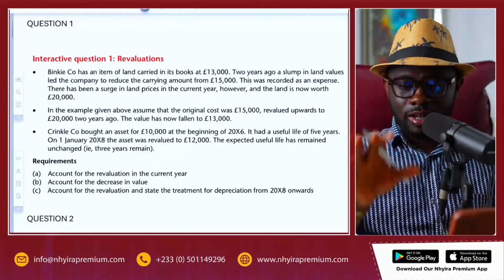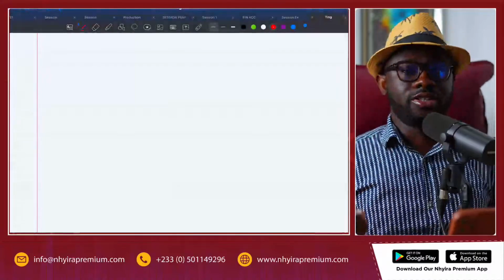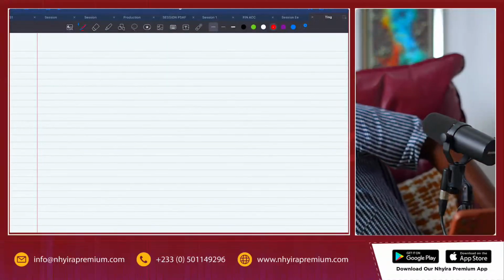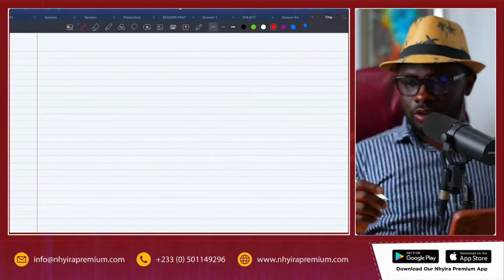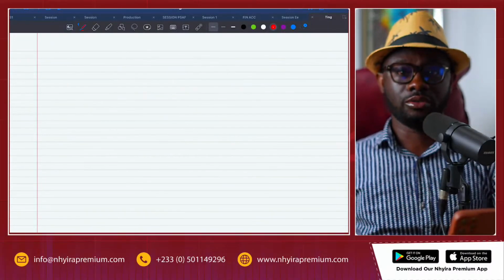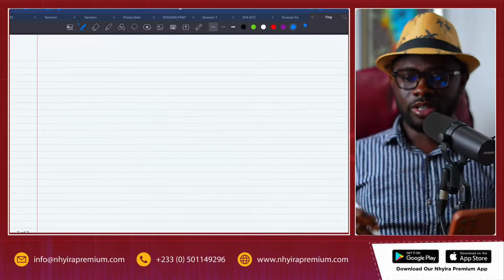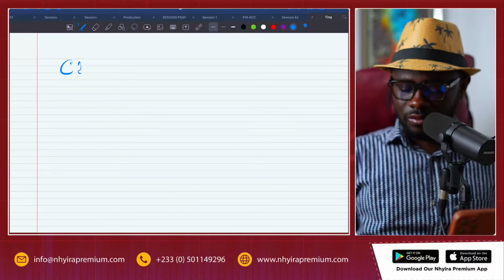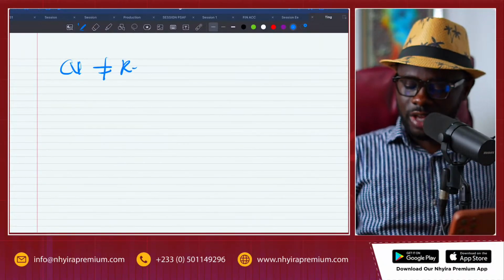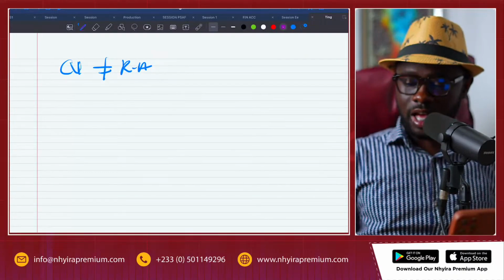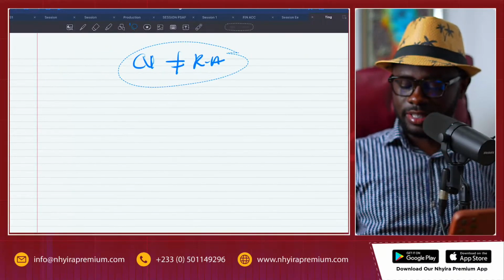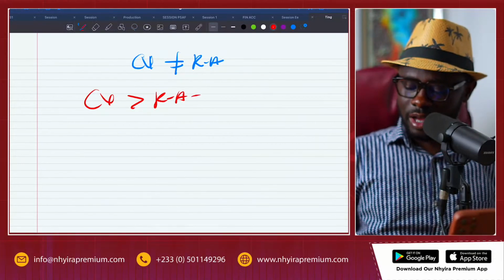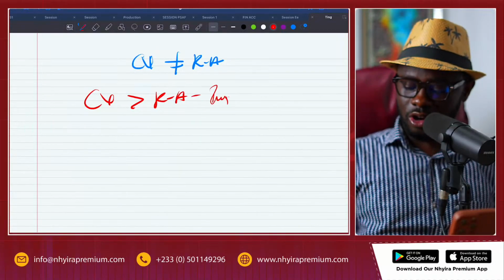If you look at it, this question is about revaluations. If you remember the principles when it comes to revaluation of assets, generally we are going to be comparing the carrying amount of the asset to the revalued amount. And as you should know, if our carrying value exceeds the revalued amount, that is going to be an impairment or a revaluation loss.